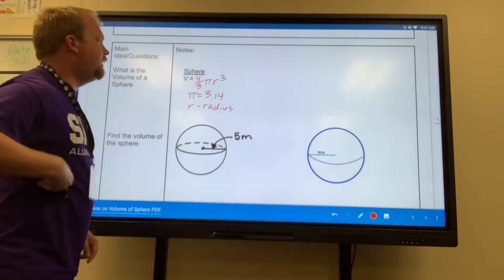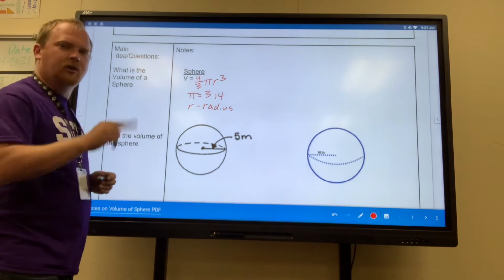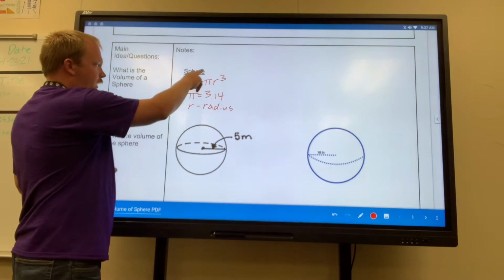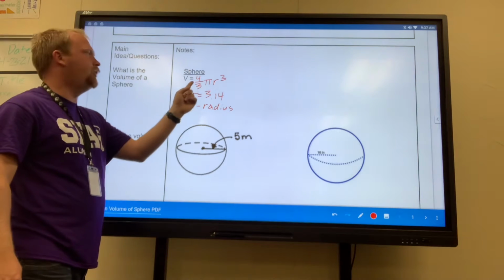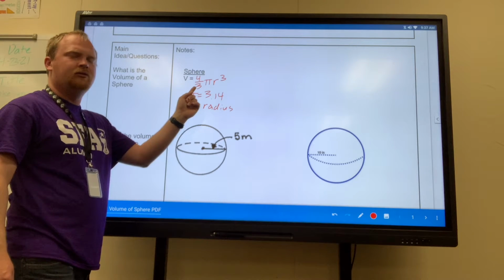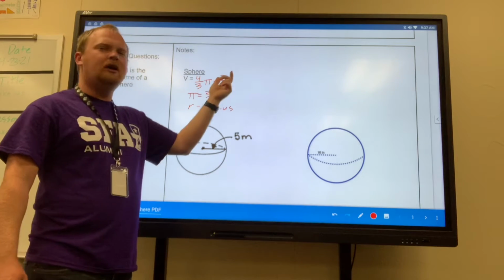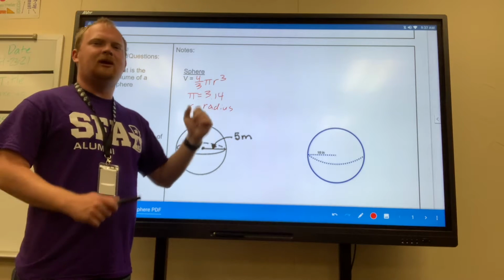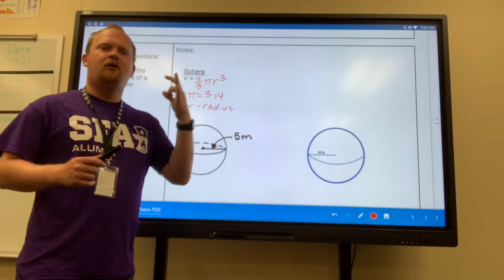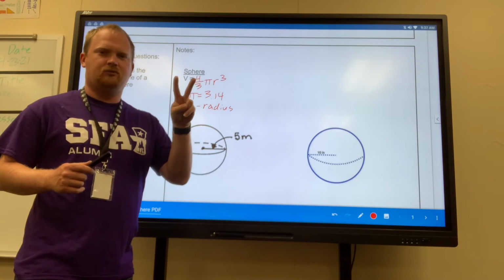But the big difference between volume and the surface area is two things. One, instead of multiplying by 4, I'm multiplying by 4/3 to get the volume. And then the radius is not squared, it's cubed for volume, which means I'm multiplying a number 3 times rather than 2.